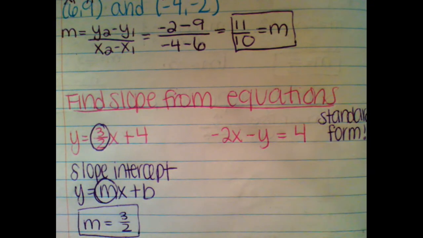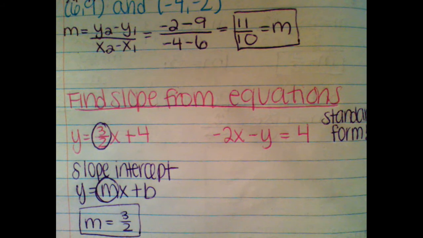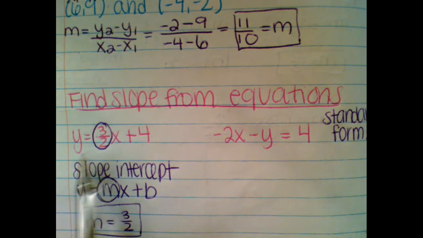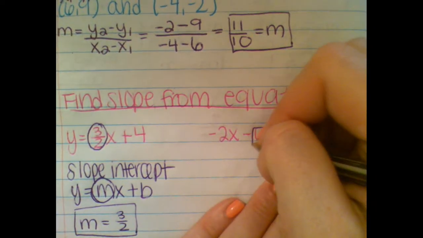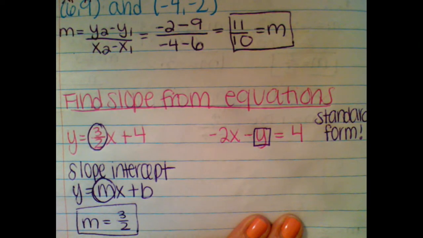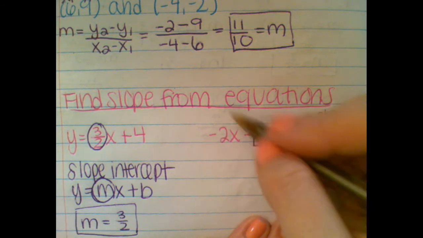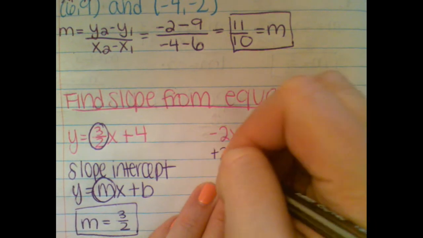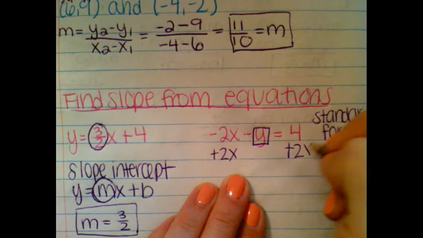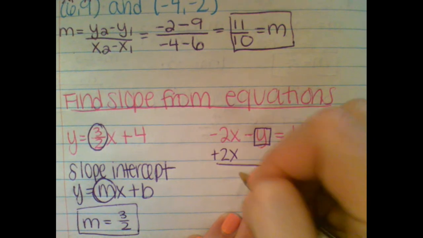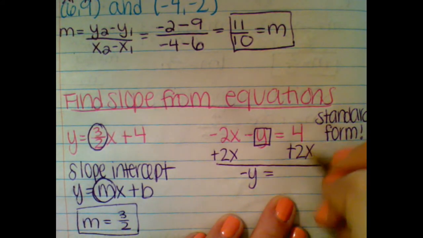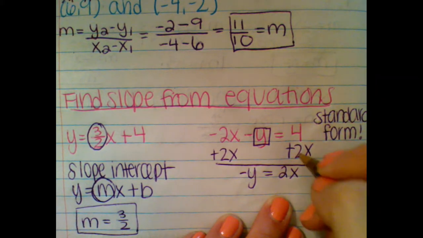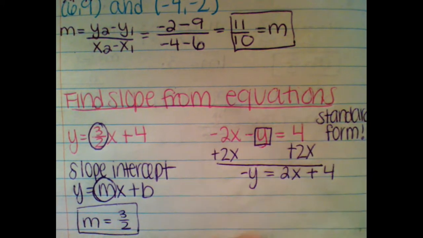And remember, to figure out what the slope is when it's in standard form, I need to make it look like slope-intercept. That means I need to get the y by itself. Well, in order to get the y by itself, I need to move this -2x to the other side. Since it's negative, I'm going to add it. So I have a -y equals. Then we always said write the x first, so it looks like this. So 2x positive, and then this was a +4.